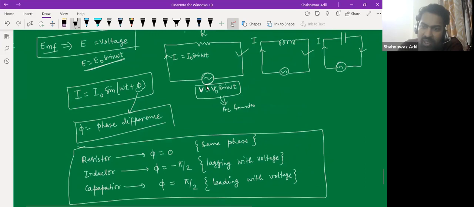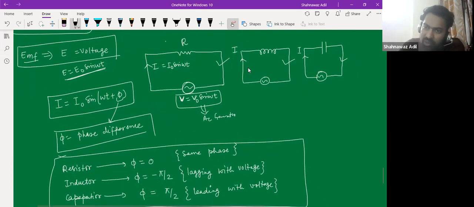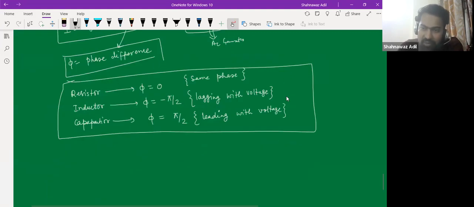So for this case, in here you will get your current as I naught sine omega t minus pi by 2. And in here you will get your current as I naught sine omega t plus pi by 2. These are the two things that you will get, right?